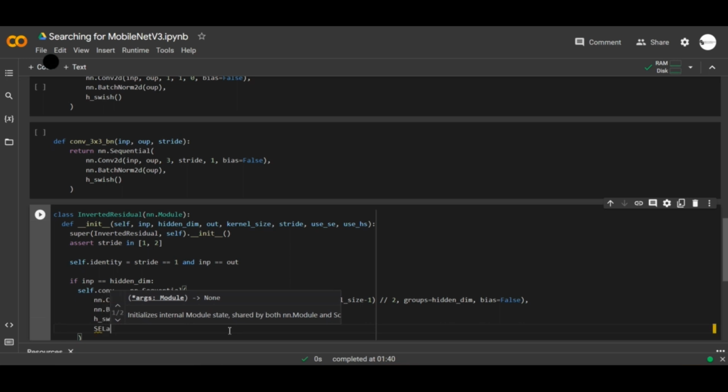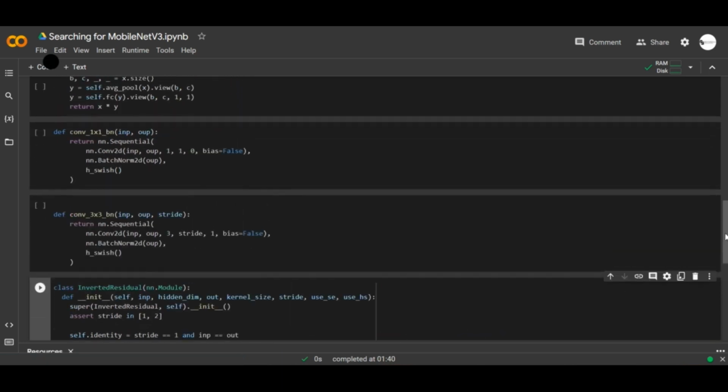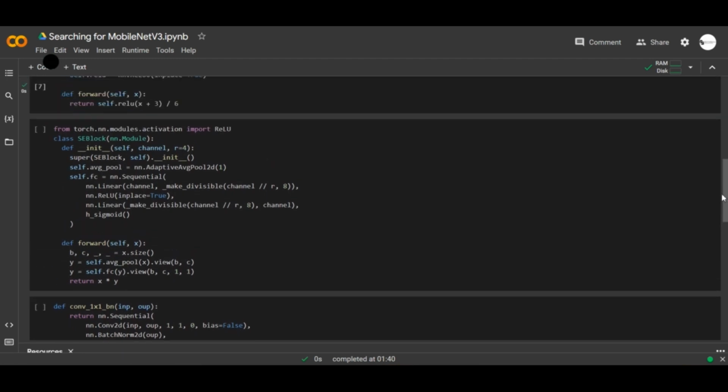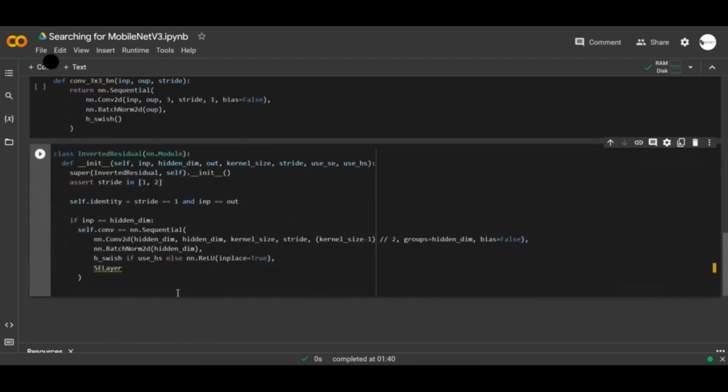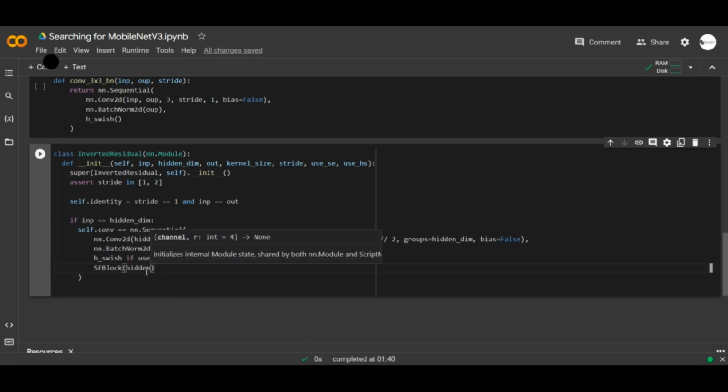So we're gonna say squeeze and excite layer. Didn't we build this? We did. We called it block. So yes, we're gonna take hidden dimension.